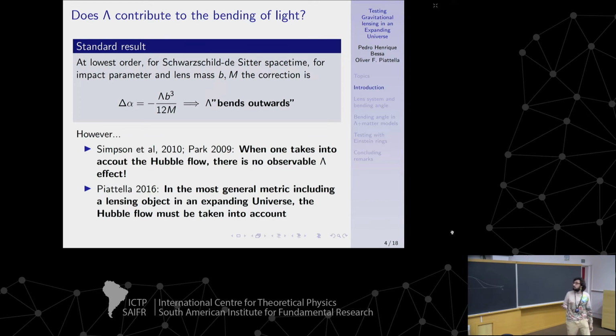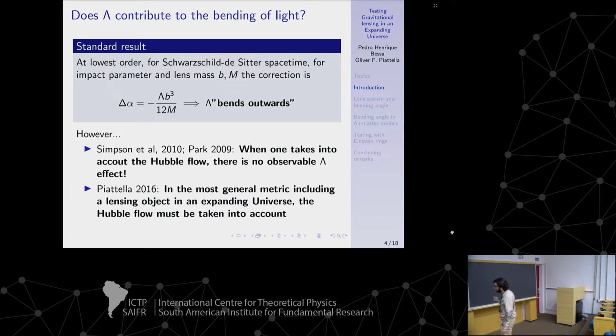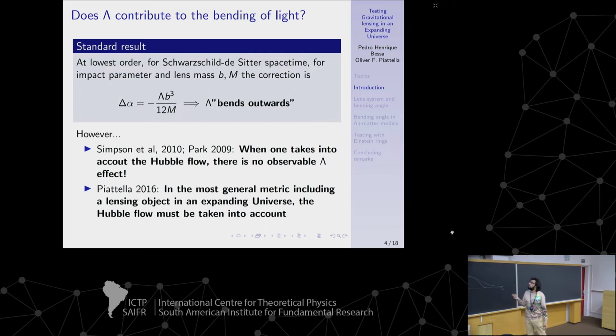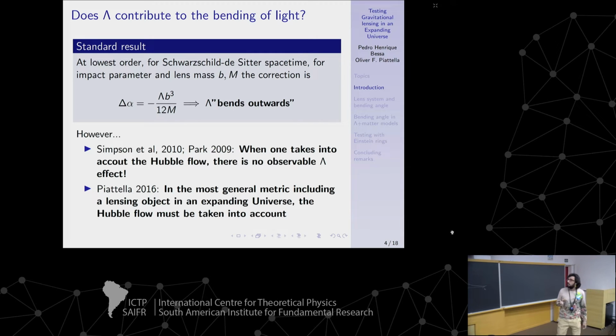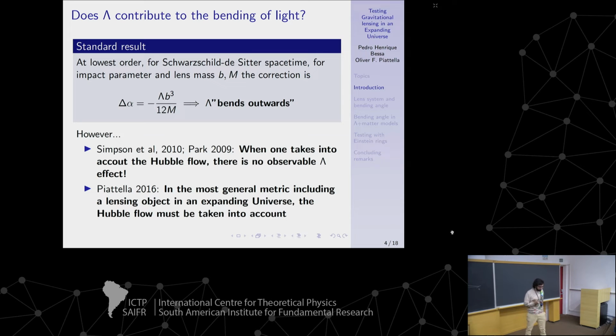However, as I was mentioning, there were some rebuttals to the first paper of Rindler and Ishak, which mentioned that they did not properly take into account the role of the observer, which is a comoving observer.